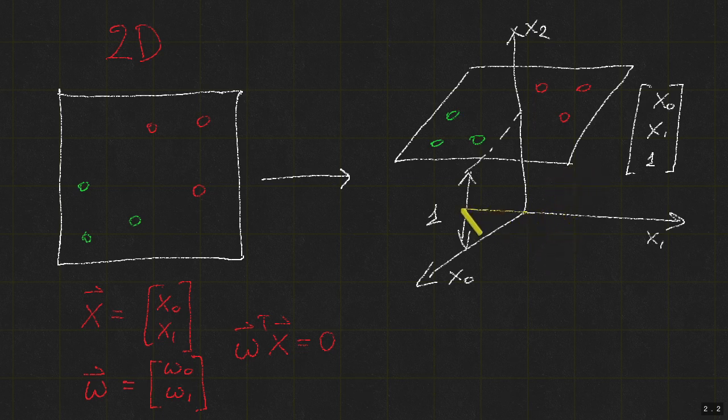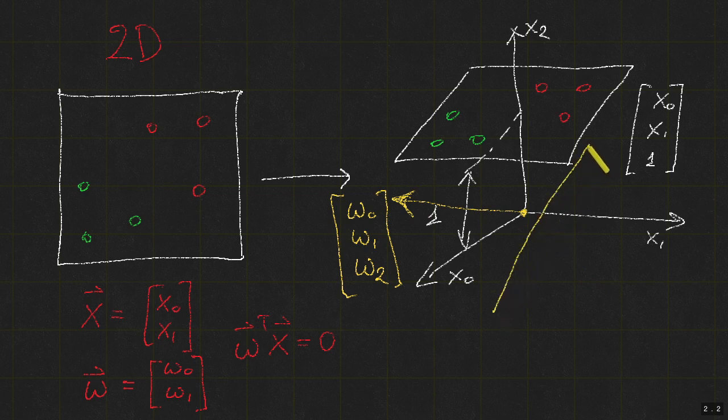Our w vector now represents a hyperplane, now a two-dimensional generalization of a line, that passes through the origin.